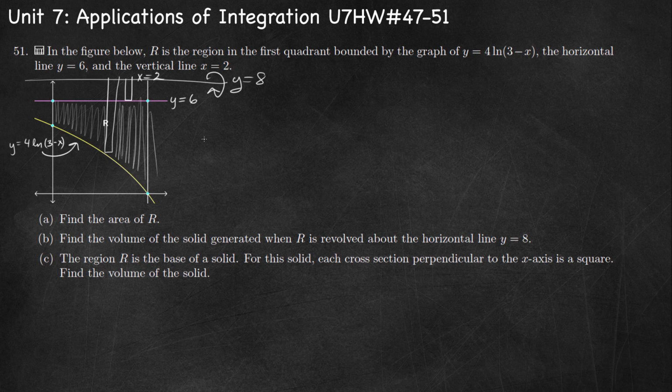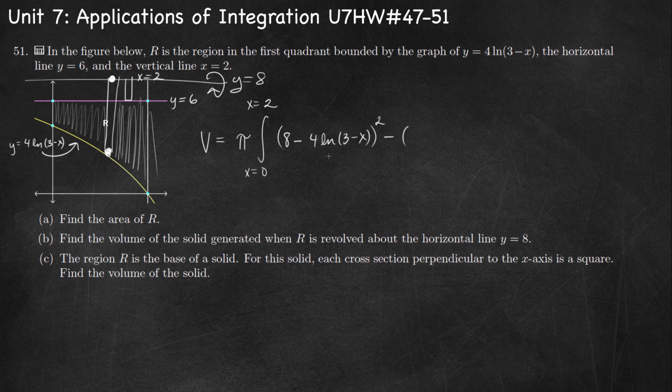So our setup for washer, we have pi, and then we're integrating from x equals 0 to x equals 2. The outer radius, this is vertical distance, so I take the top y minus the bottom y, which is 8 minus 4 ln 3 minus x, squared. That's my outer radius squared.